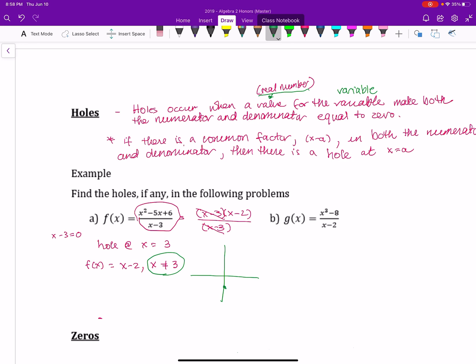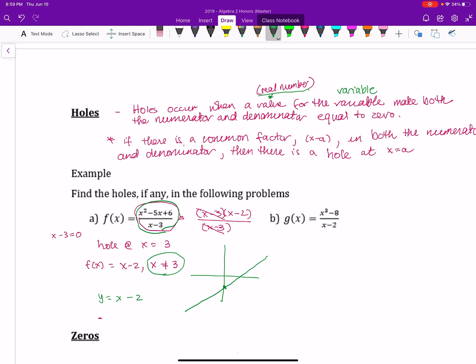At -2, we would have a graph that looked like that, right? It's going to be linear, slope of 1, y-intercept at -2. But that would be if, for example, the function was y is equal to x minus 2. But it's not. It's this whole rational function.